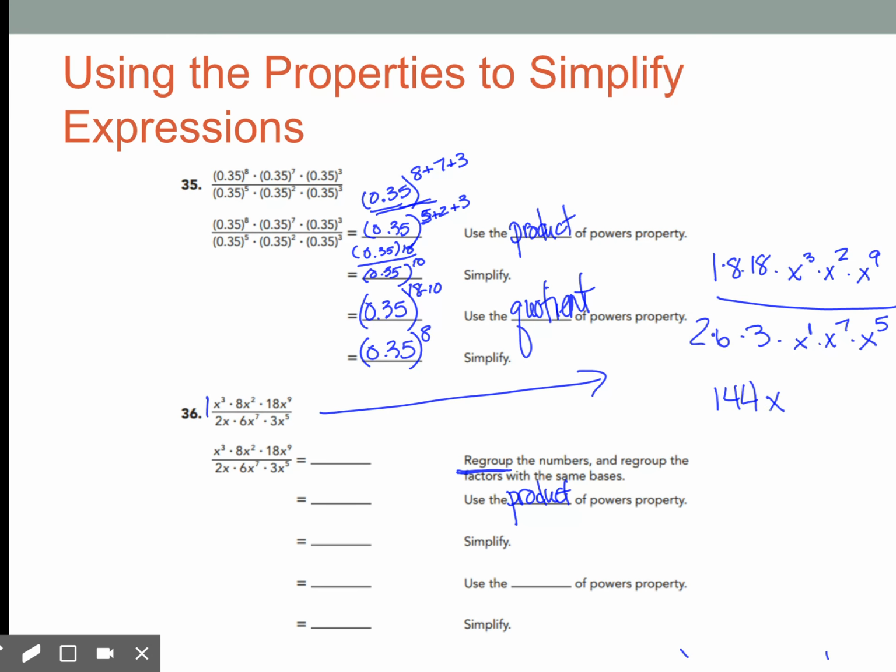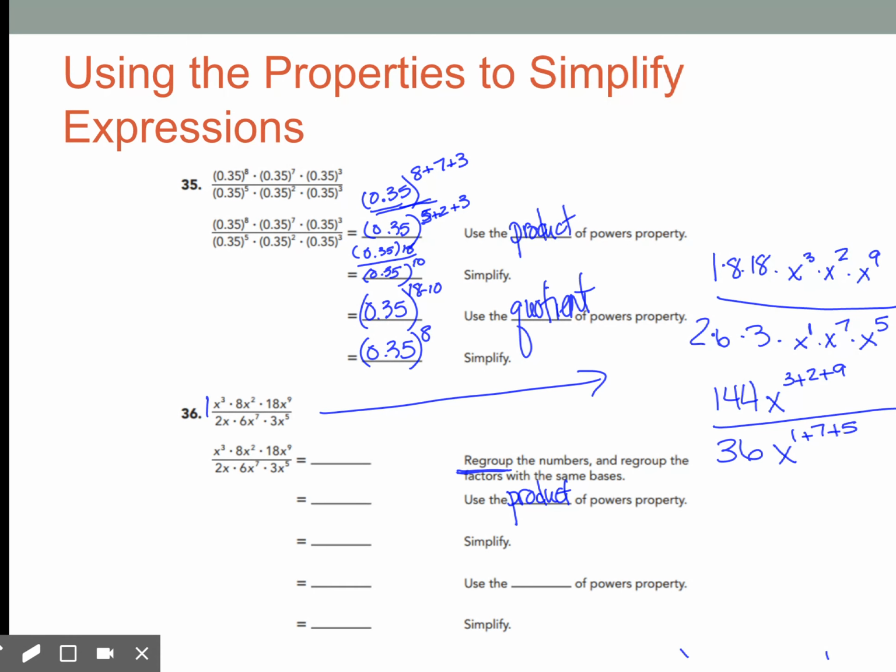I'll keep my base of x to the 3rd plus the 2nd plus the 9th. And then on the bottom here, 2 times 6 is 12. 12 times 3 is 36. Keep my base of x, 1 plus 7 plus 5.